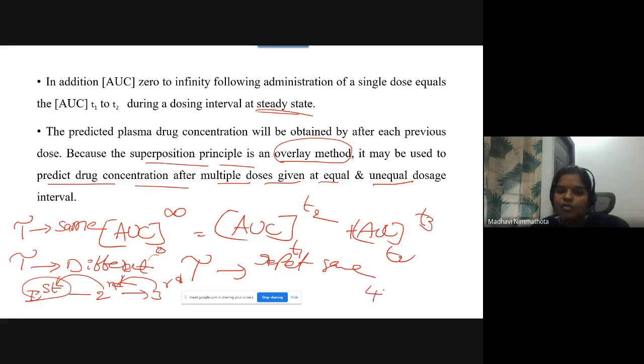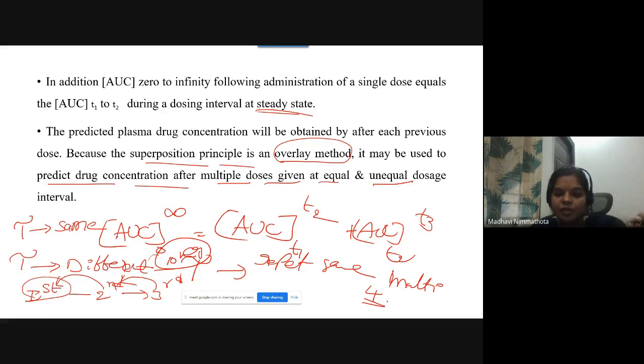Suppose we have 4 multiple doses. Suppose we need to give 4 repetitive administrations of one drug. In that case, after the fourth dose, it is going to complete its cycle. So after the fourth dose, we will predict the plasma drug concentration of the particular drug because of this superposition. See here, previously we have 10 microgram plasma drug concentration.